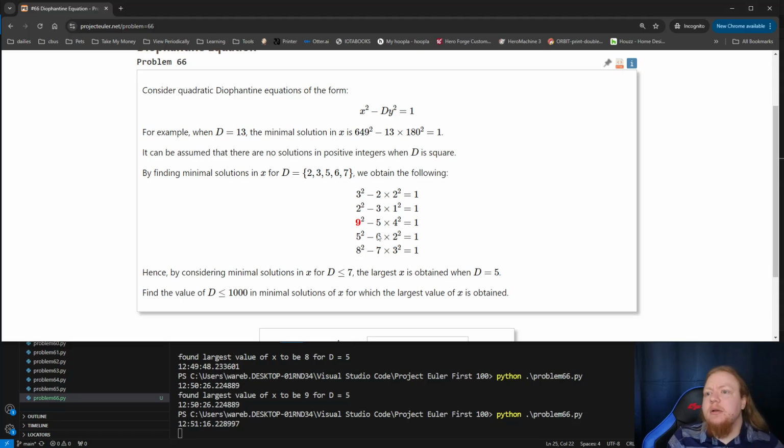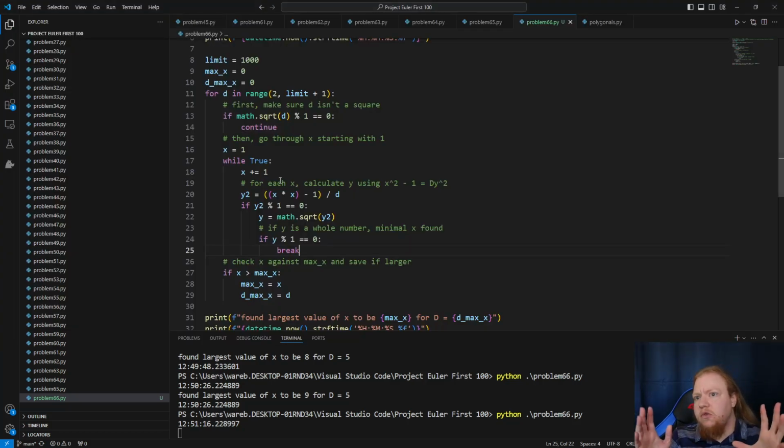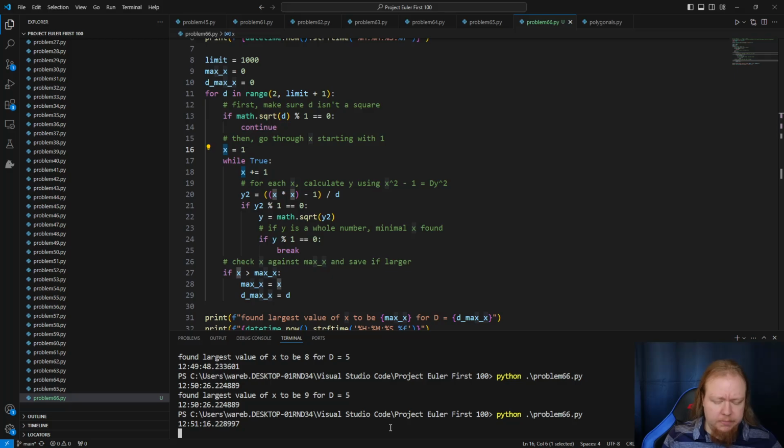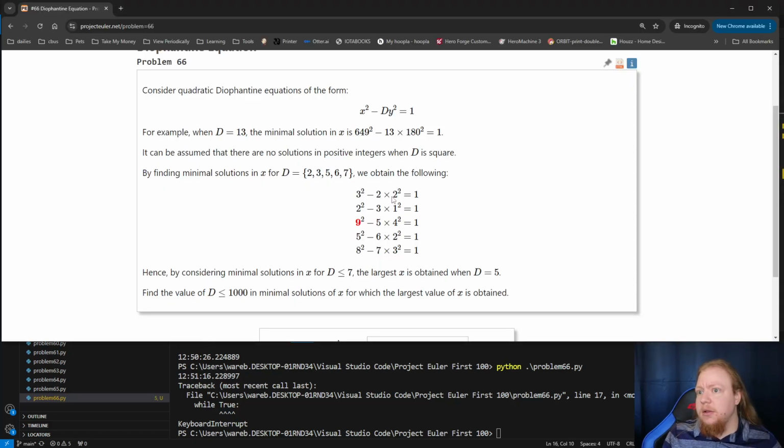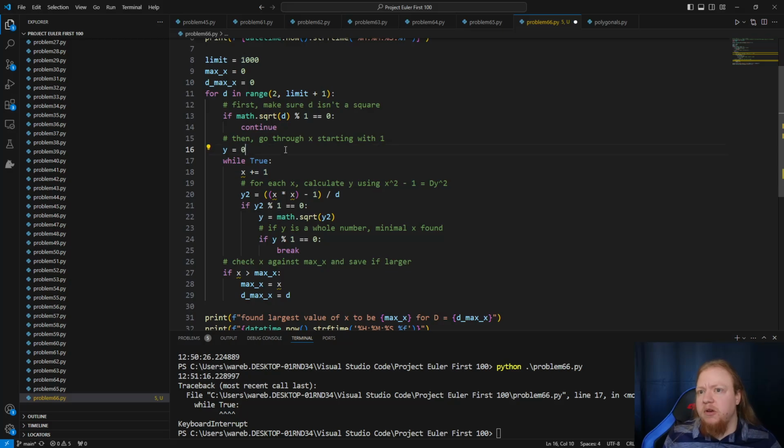Yeah. We'll just sort of flip. Go ahead and keyboard interrupt that. So y can be as small as 1, so I'm changing this to y equals 0.